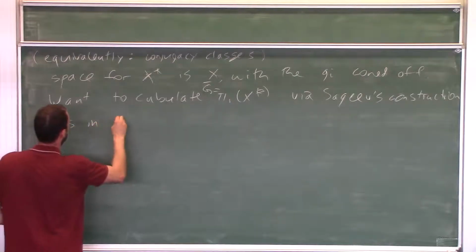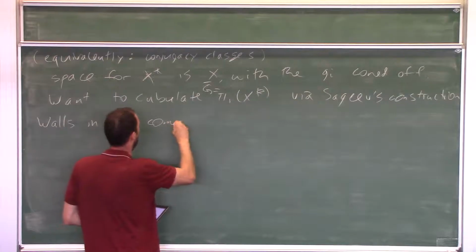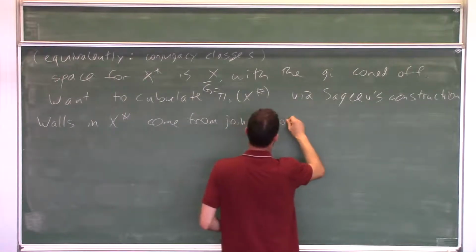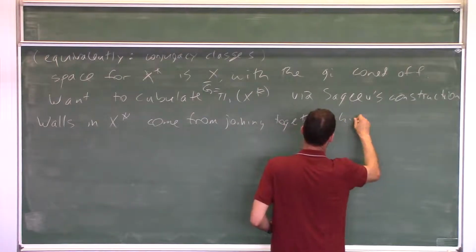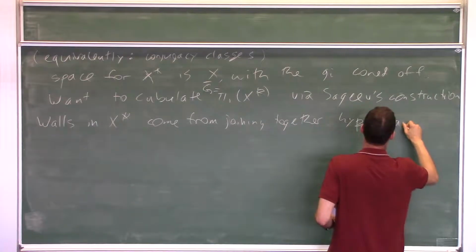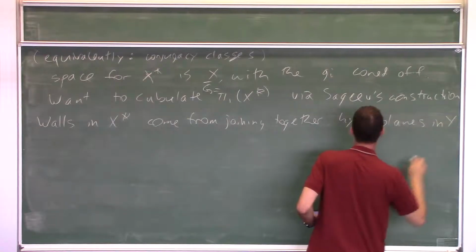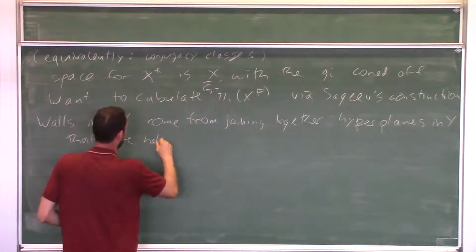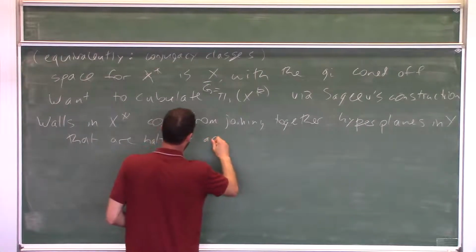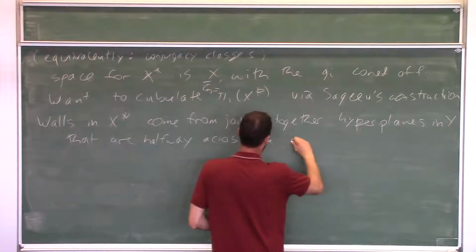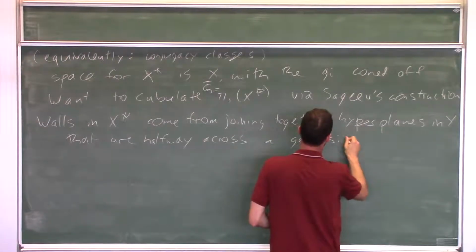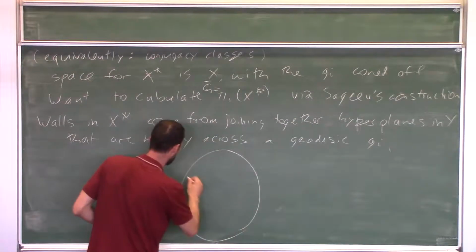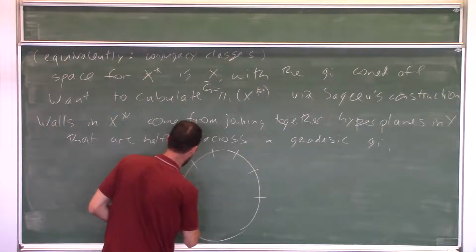Walls in X* come from joining together hyperplanes in X that are halfway across. Right, so here's your g_i cone cell. You were implicitly asking for a picture, so here's a picture of the geodesic.